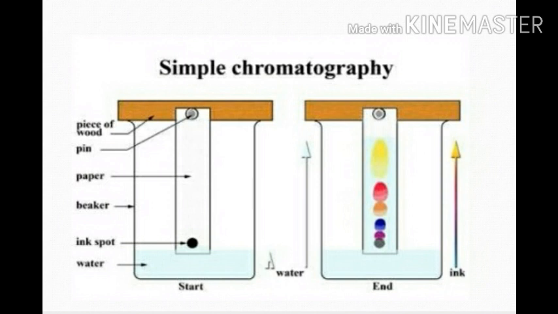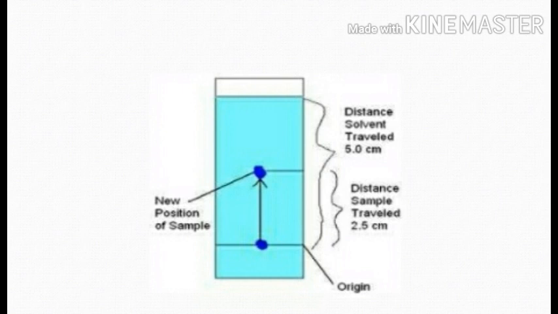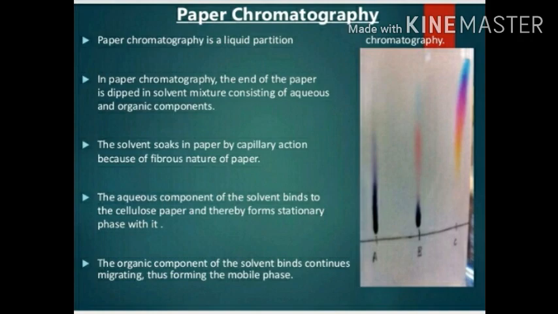In simple chromatography, we put a spot above the baseline and allow the solvent to pass, then calculate the RF value. These two points are very important: distance the sample traveled and distance the solvent traveled. Once again, please note down the important points included in paper chromatography.